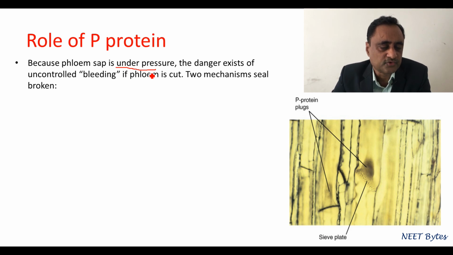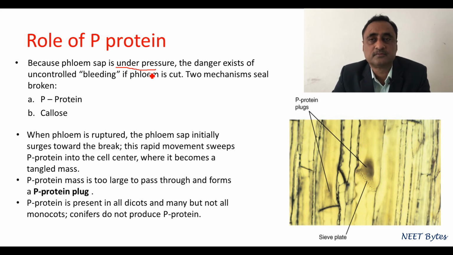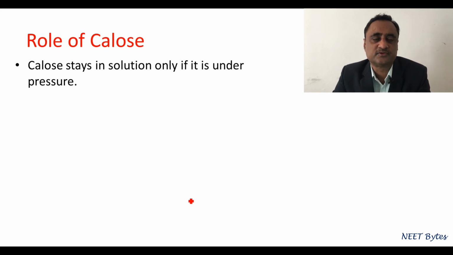P protein is present in all dicots, but not all monocots, and in the case of conifers, the P protein is absent. But in those plants in which P protein is not there, we have another substance called callose. What does callose do? Callose stays in solution only if it is under pressure.